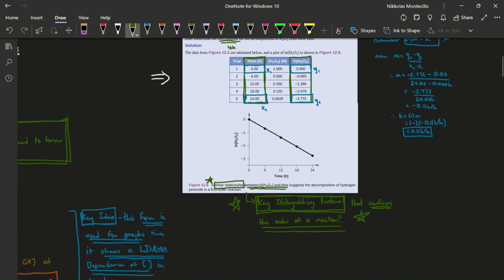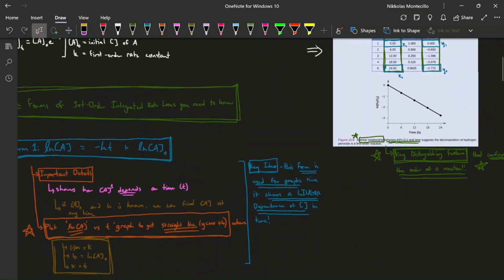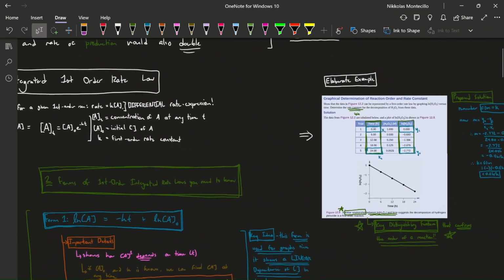This is a very important feature to know when you're plotting values against time. Whatever form you plot it in, make sure that it gives a straight line, which is a positive indicator that this is a first, second, or zero order reaction, as you'll see later below. You'll see the recurring themes.